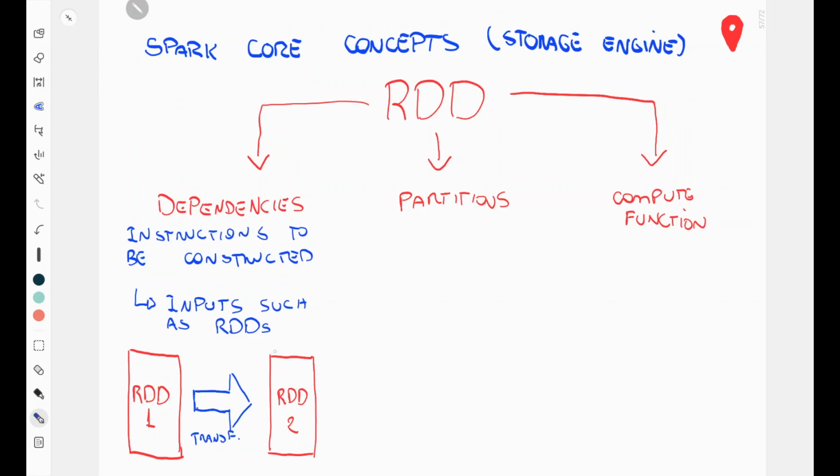For instance, if I have an RDD that is made with another RDD, I have this instruction. You have first this RDD1 as base, and you have this transformation. That's the dependency that we're talking about. The RDD is constructed based on instructions.